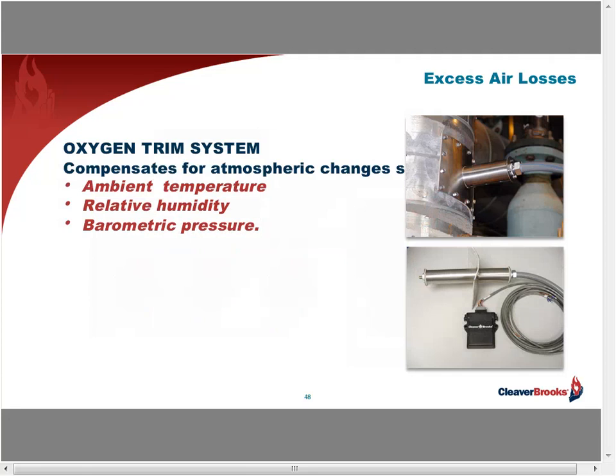We have no control over that. Now, these can all vary dramatically and throw off the fuel-air ratio if the burner is not automatically compensating. And that's where the O2 trim system comes in and does this for us. Remember again, every 2% increase in O2 or excess air is a 1% loss.